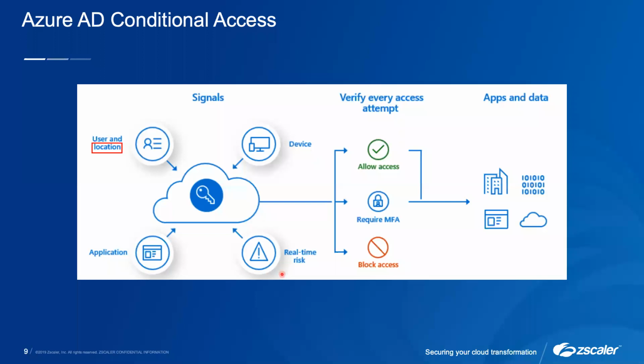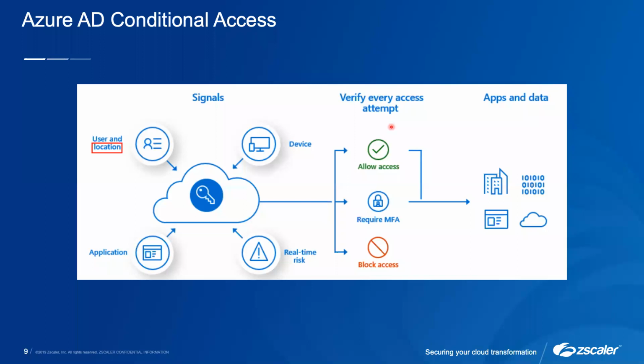Is he coming from a country that you don't trust? Or is he accessing an application that he should have access to? And then also rules specific to certain users or certain IP locations. And then based on all these signals, you can take a decision whether you want to allow access, you want to block access, whether you want to prompt for multi-factor authentication.